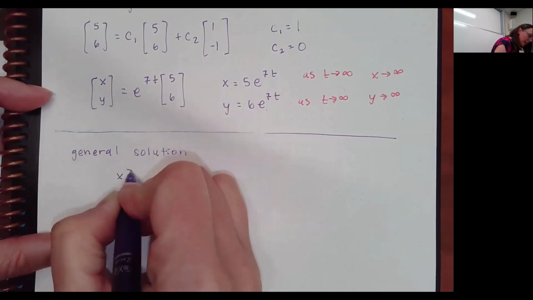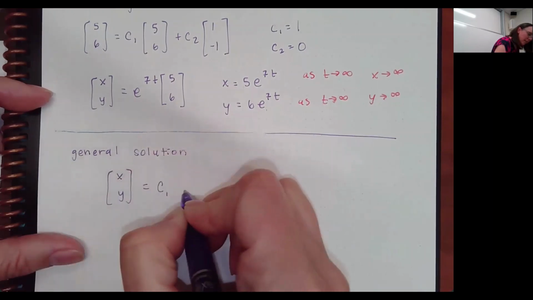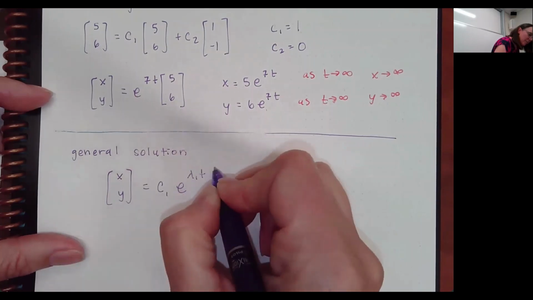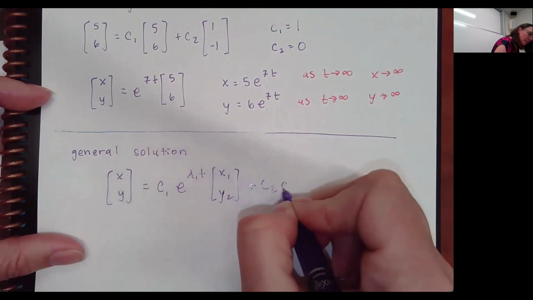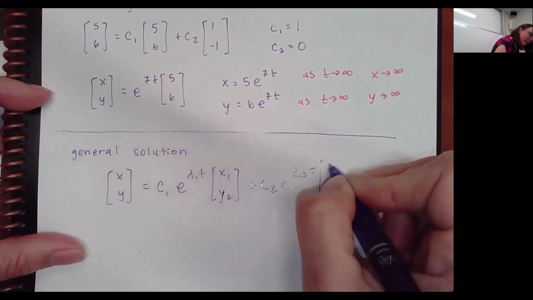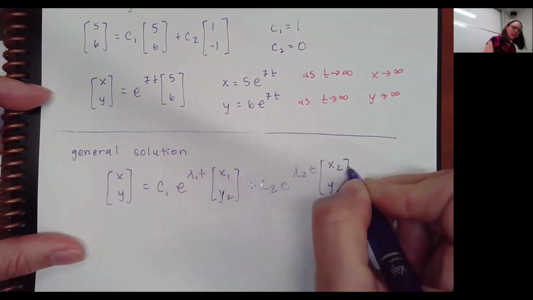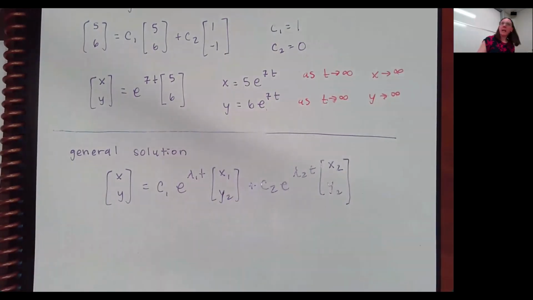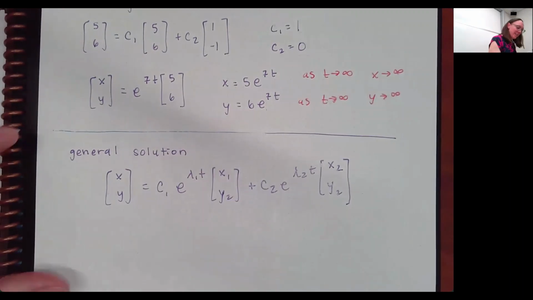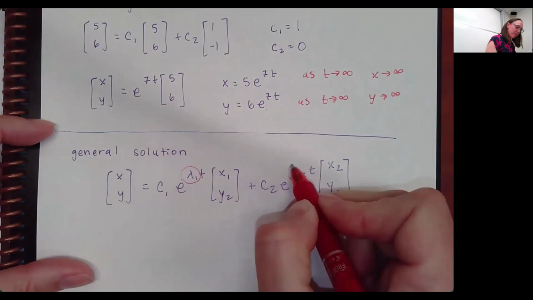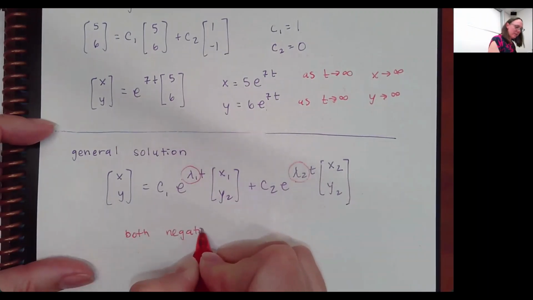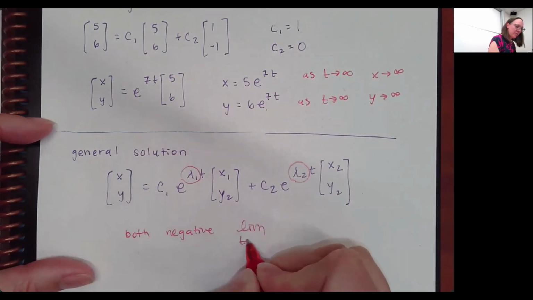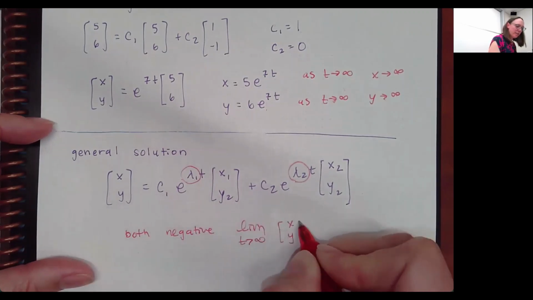Looks like x, y equals some constant c1 e to the lambda 1t times my first eigenvector plus c2 e to the lambda 2t times that second eigenvector. And so lambda is the exponent. So if both of these are negative, then my limit as t approaches infinity for x, y is always going to go to 0.